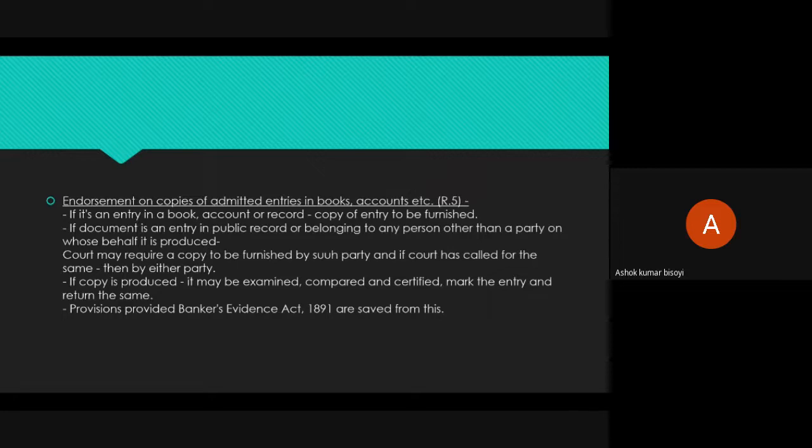Now coming to rule 5. Rule 4 said what endorsement will be made on normal documents. Rule 5 says that for copies of admitted entries in books, accounts etc., what endorsements will be made.